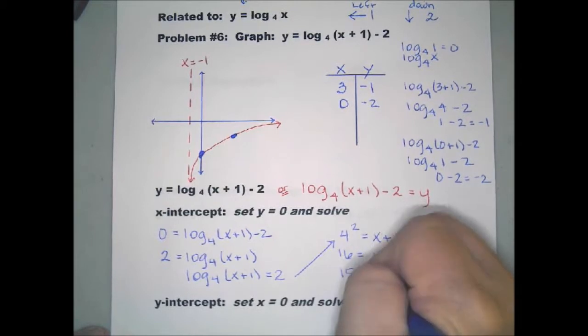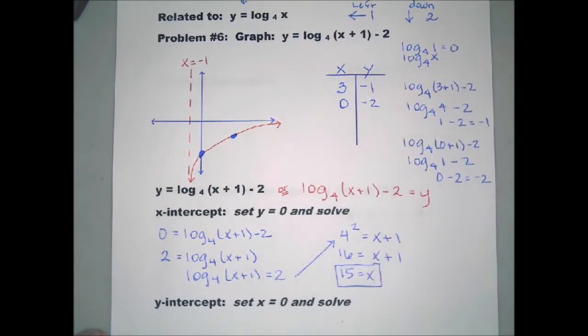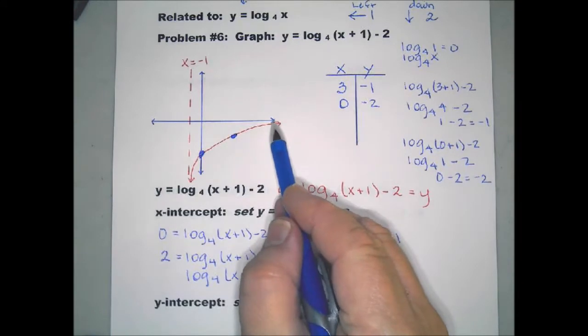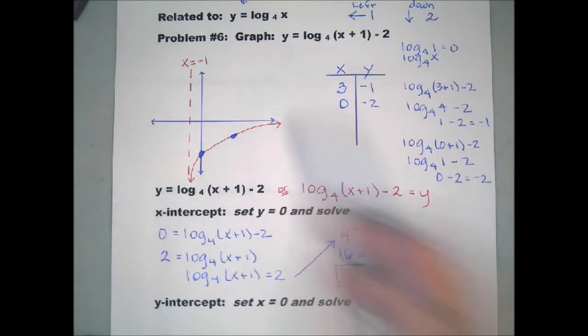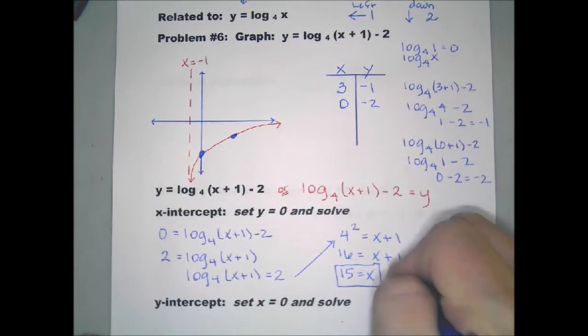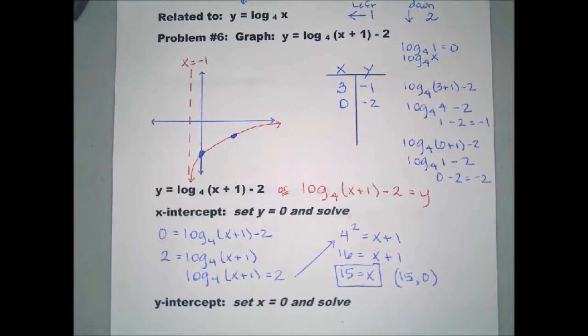Subtract 1 from each side, 15 equals x. So that's the x-intercept. Eventually, this curve will cross the x-axis at 15, which makes the x-intercept (15, 0).